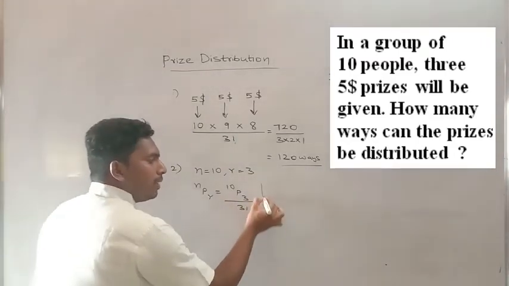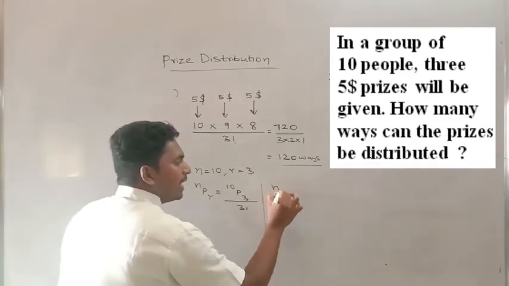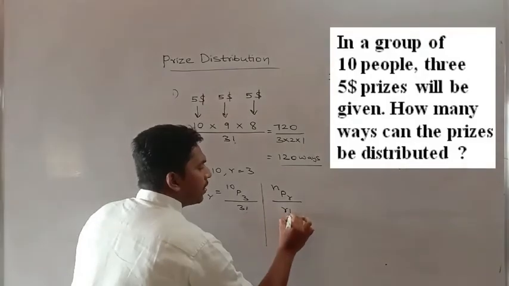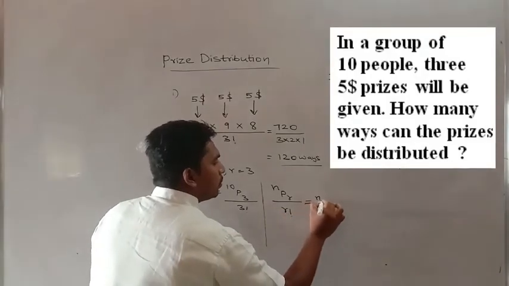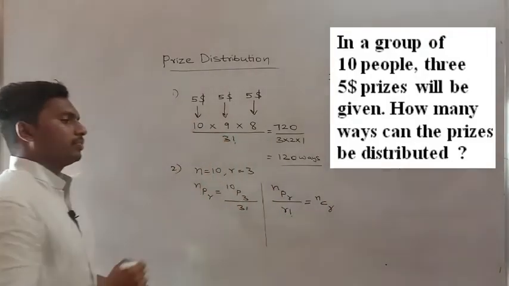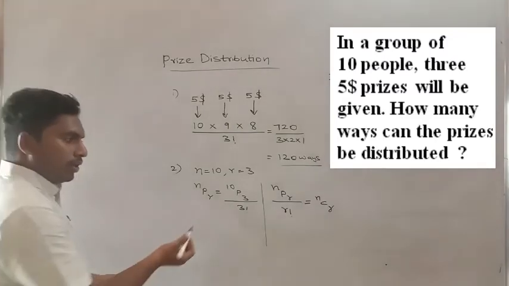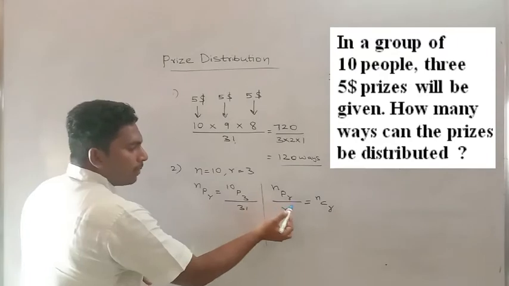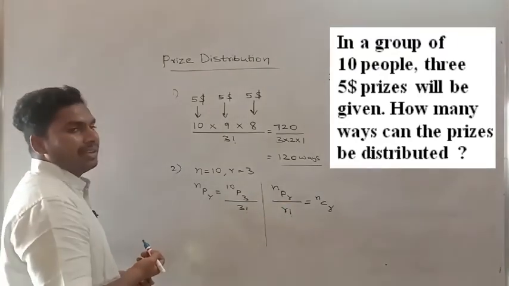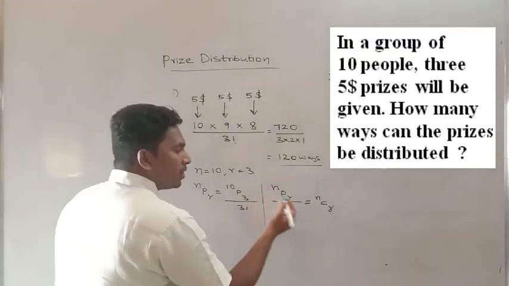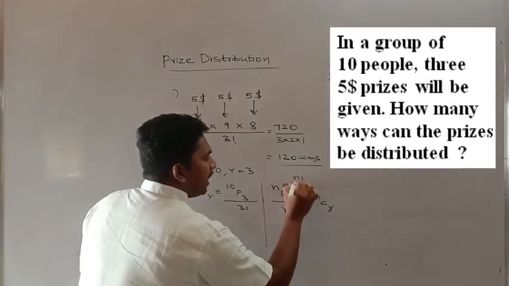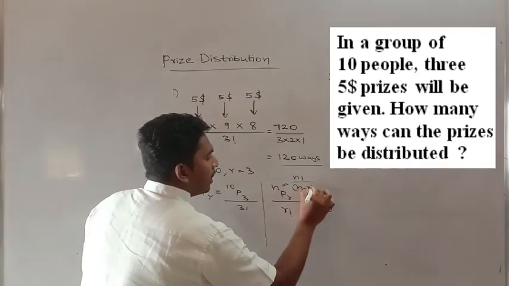You have to remember one thing. nPr by r factorial is equal to nCr. Why? Because nPr is what? n factorial by n minus r factorial, right?